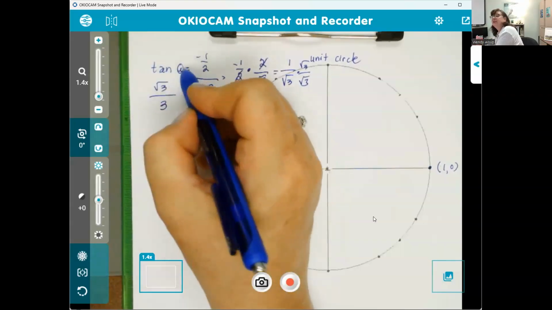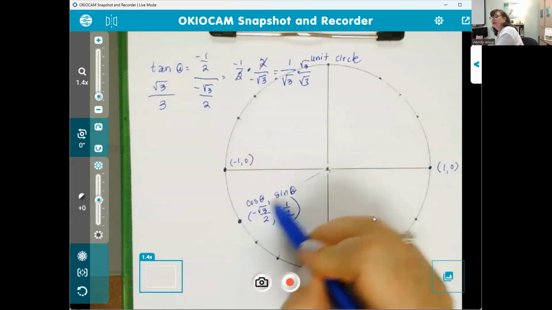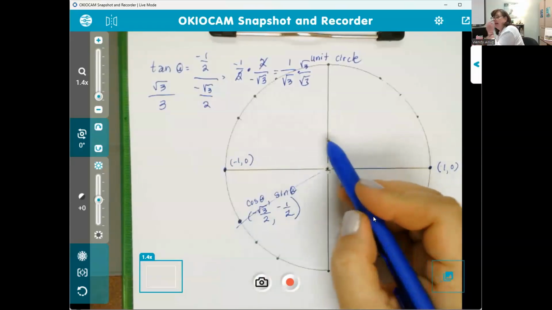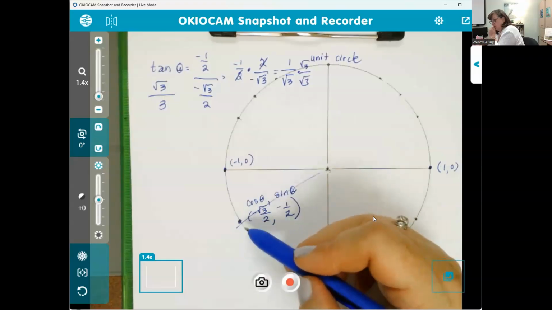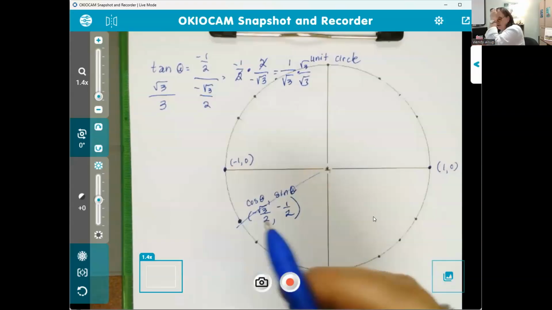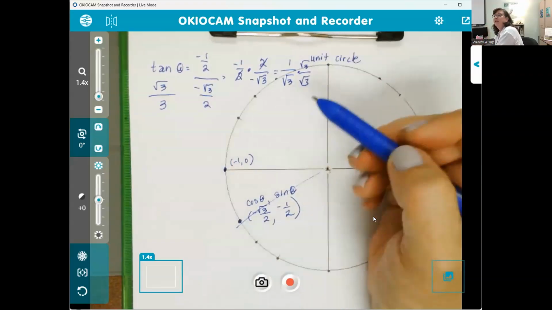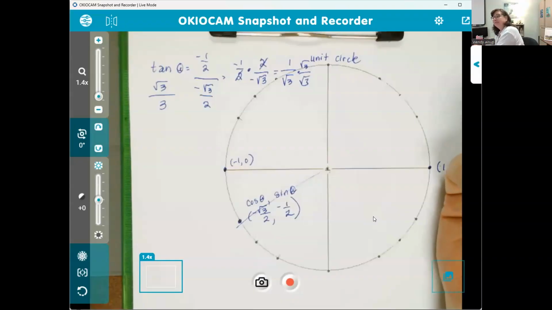So the tangent of this theta formed by this point right here, I think we're 30 degrees past 180. I think we're at 210, but that doesn't matter. You don't need to know we're at 210 to get these values. Root 3 over 3, and it's positive.